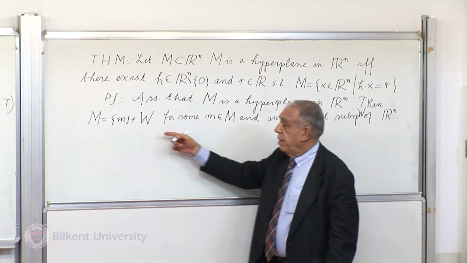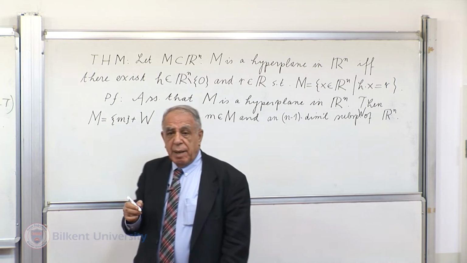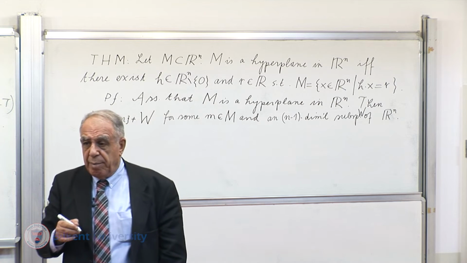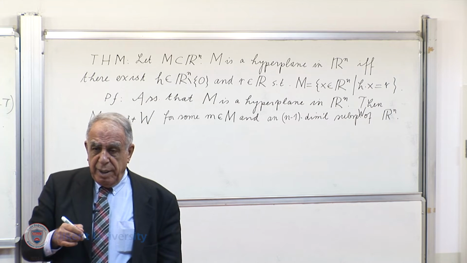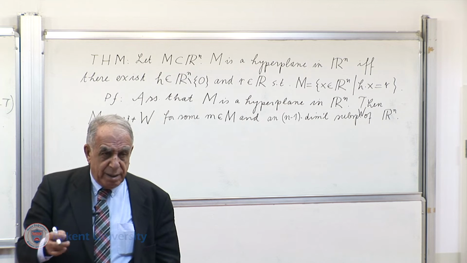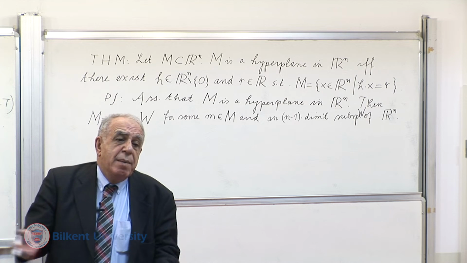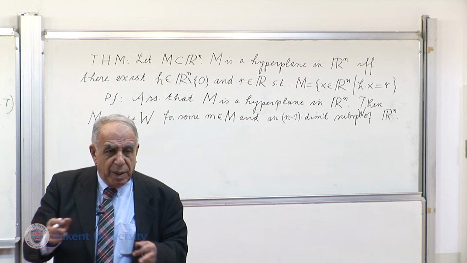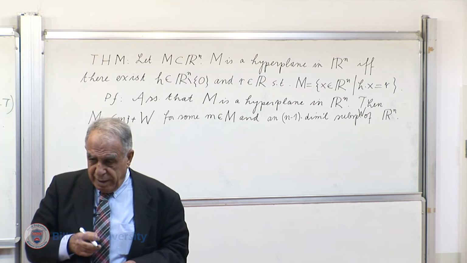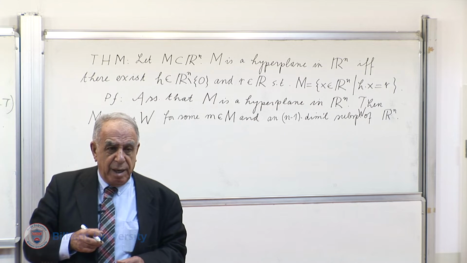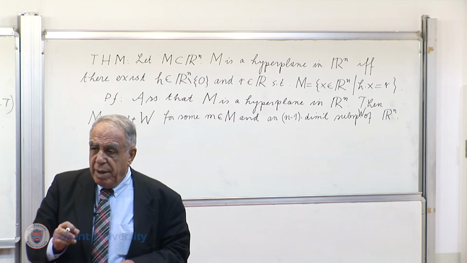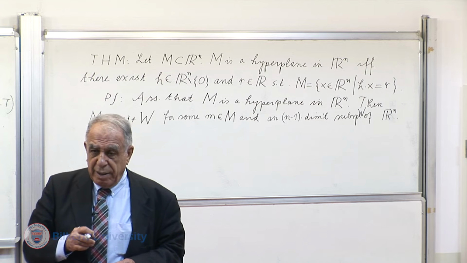Now, what's the definition of the subspace being n minus 1 dimensional? It has a basis consisting of n minus 1 vectors. And any basis, we know, will consist of precisely n minus 1 vectors. But again, it's a basic fact in linear algebra.